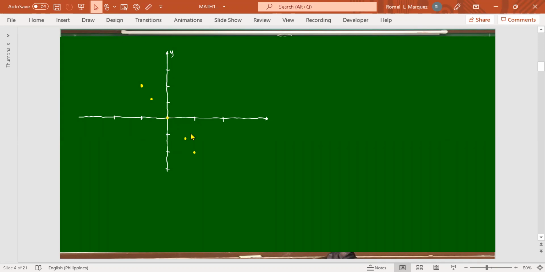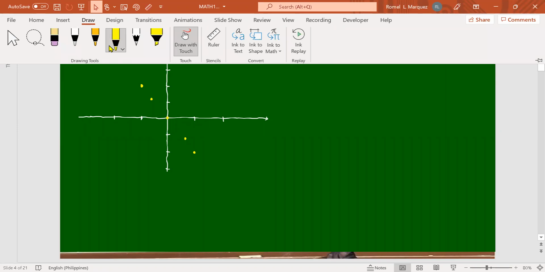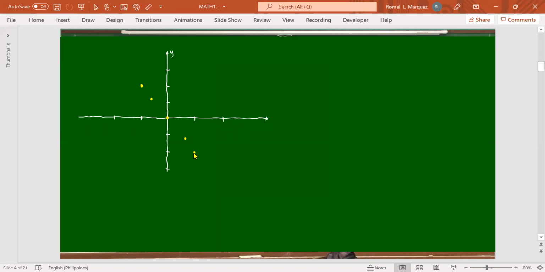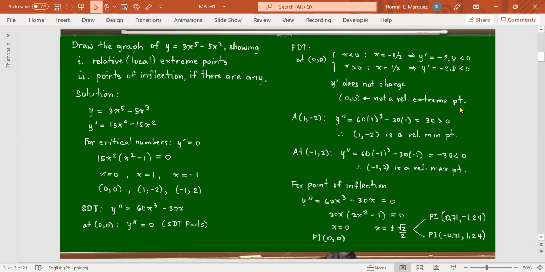Okay, guys? And then the graph now. This is a relative max. This 1, negative 2, relative min.